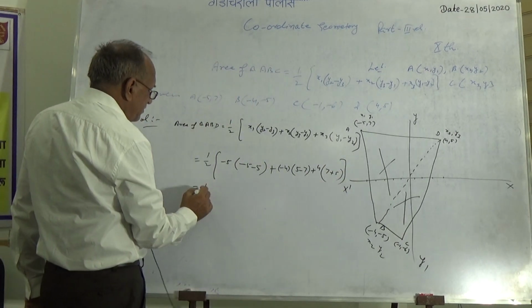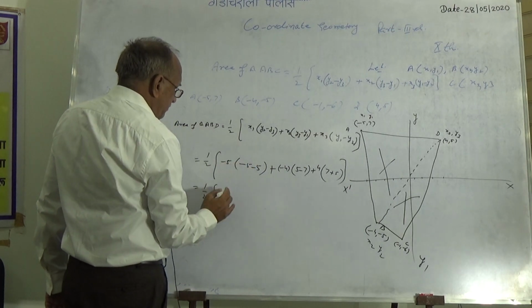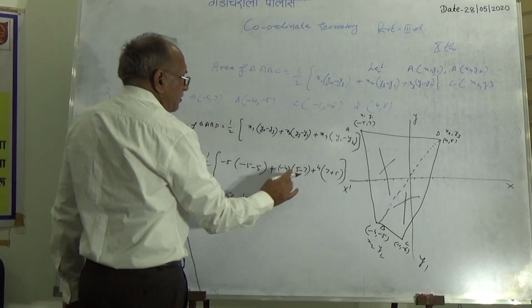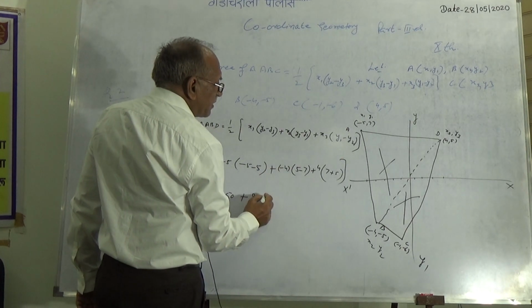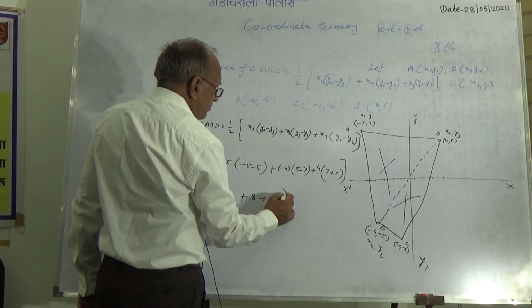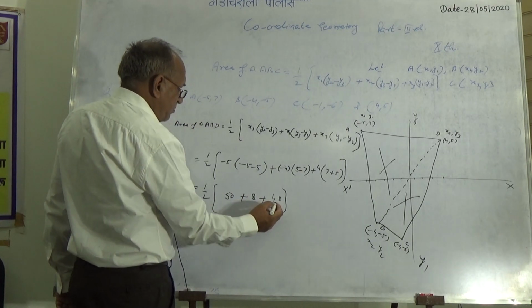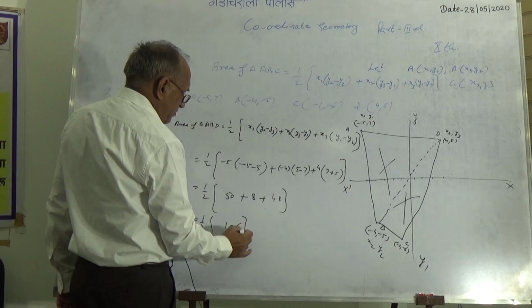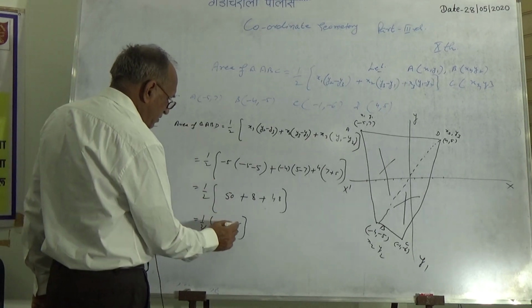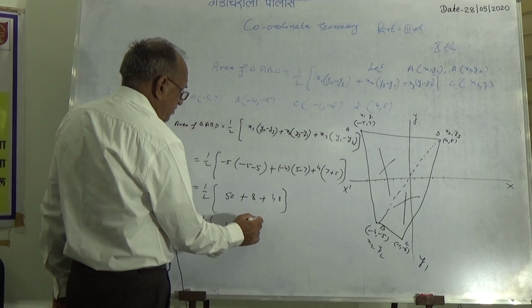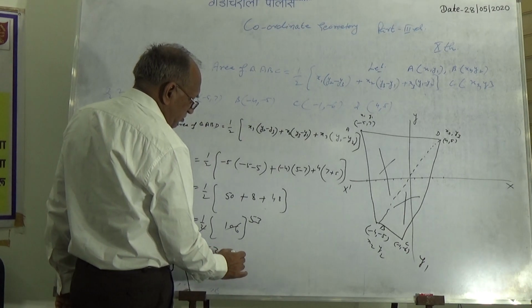Further, minus 5 adding 10, plus 50, minus 2, minus 4 plus 8 plus 48, adding 106, and 2503 is equal to 53 square units.